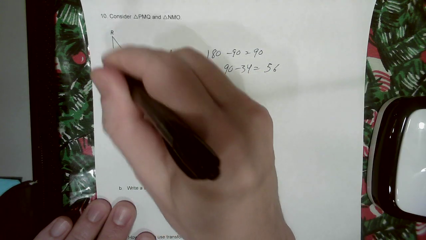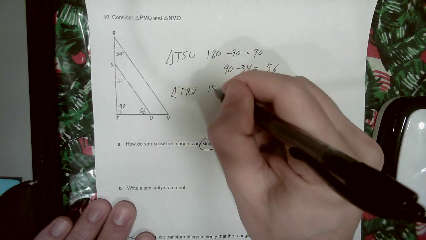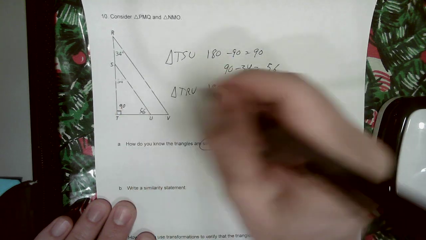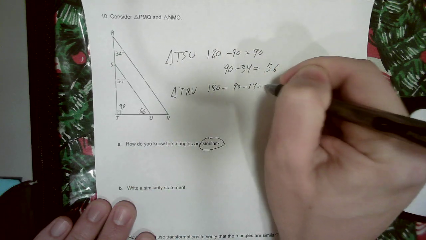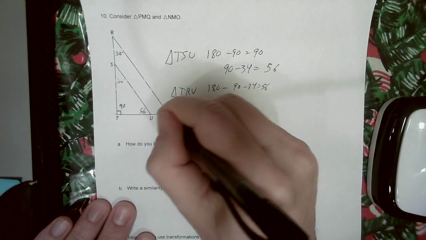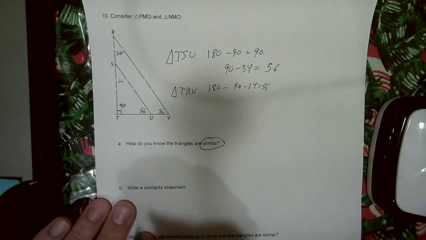Now my larger triangle, TRV, I can do the same thing. 180 minus the angles that I know, 90, 34. I'll get 56, the same thing. So all three angles are the same for both triangles. That means they're similar.